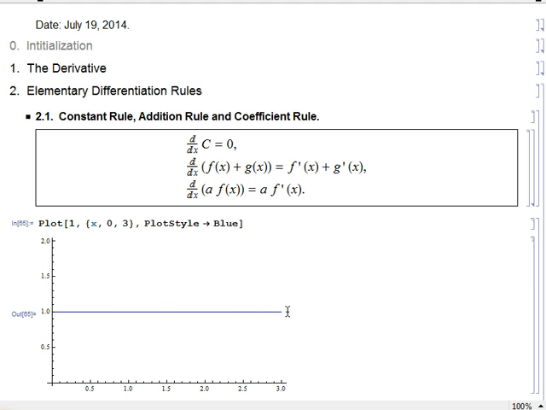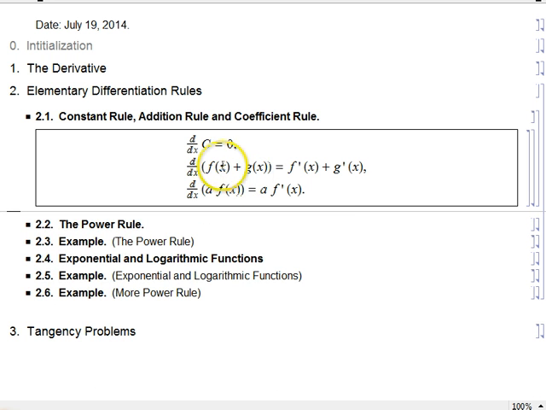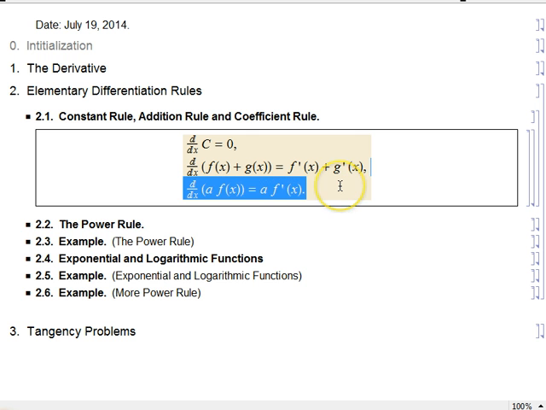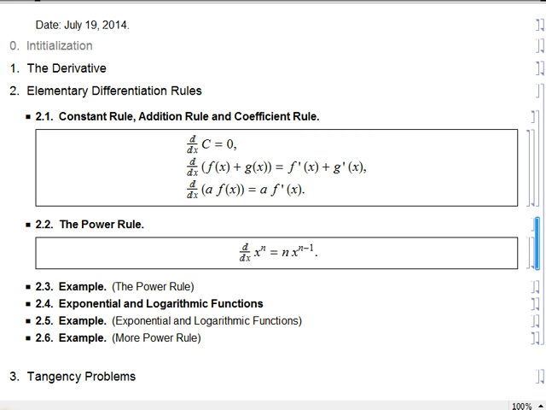Rise over run is the slope, but rise is 0, so we have 0, and not coincidentally, the derivative function is constantly 0 for a constant function. Now, the other rules are a little bit harder to see, but they fit our common sense very well. Derivative of a sum is the sum of the derivatives. If you have a coefficient, you can multiply by the coefficient later. But these trivial rules by themselves are not very helpful, so we need some further formulae.